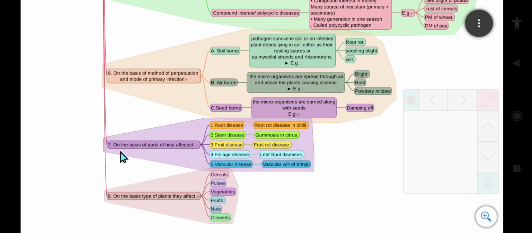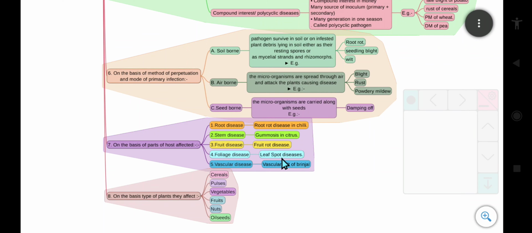The seventh is the classification of plant diseases on the basis of parts of host affected. The first one is root disease. Its example is root rot disease in chili. The second one is stem disease. Its example is gummosis in citrus. The third one is fruit diseases. Its example is fruit rot disease. Fourth is foliage diseases.